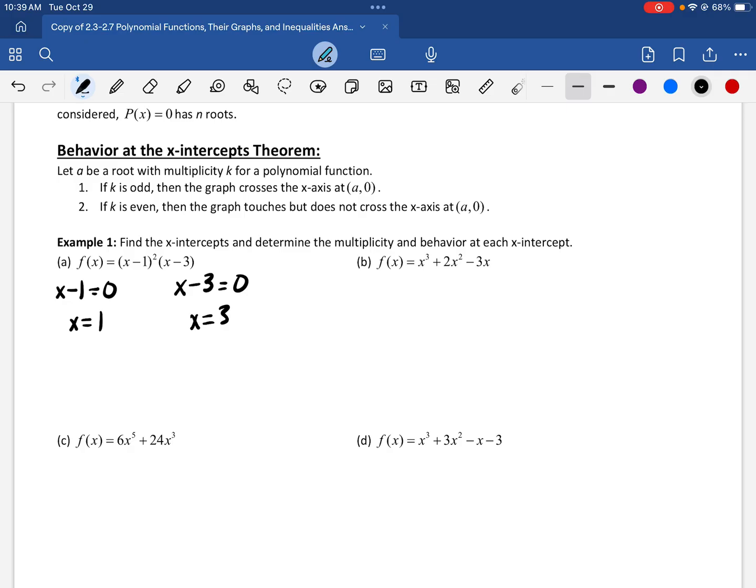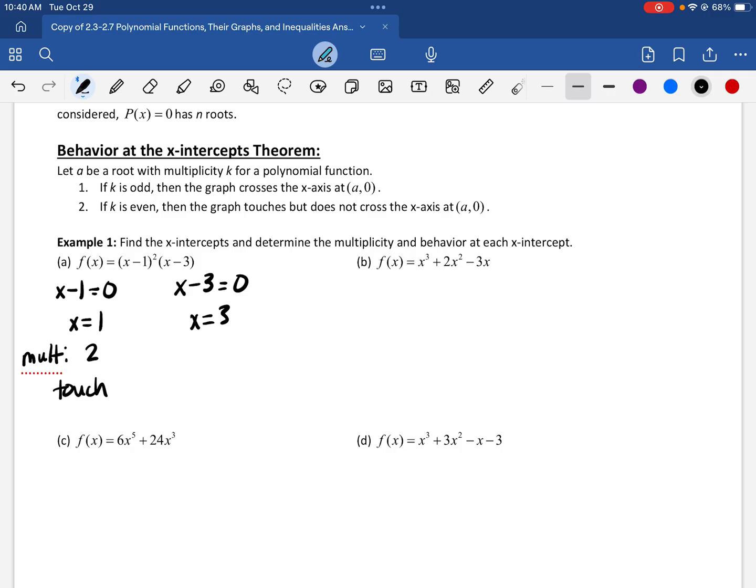For the 1, its multiplicity, and I'm just going to abbreviate here, is 2, because that's the exponent. A multiplicity of 2 is an even number, so it is going to touch the x-axis at x equals 1.